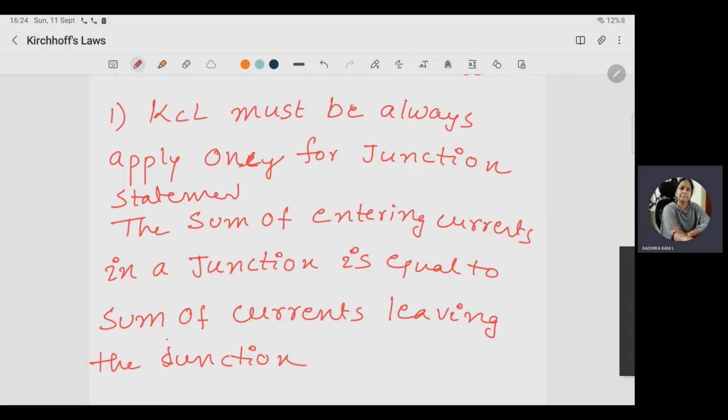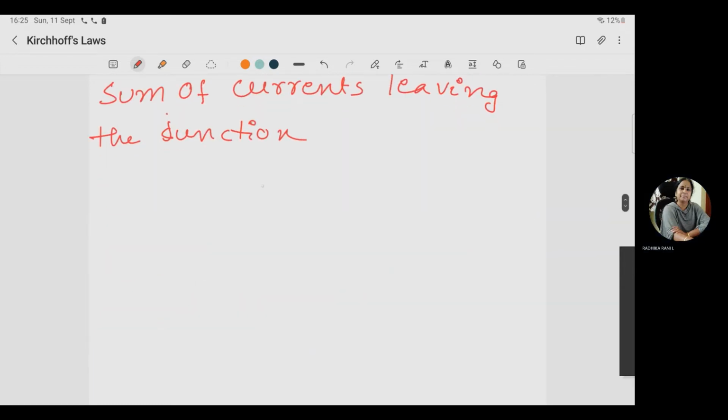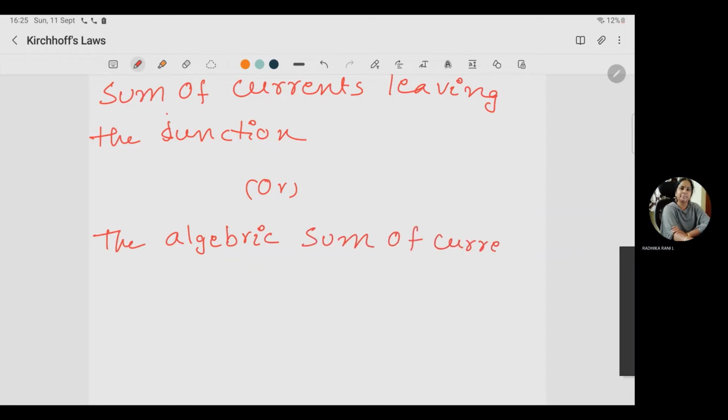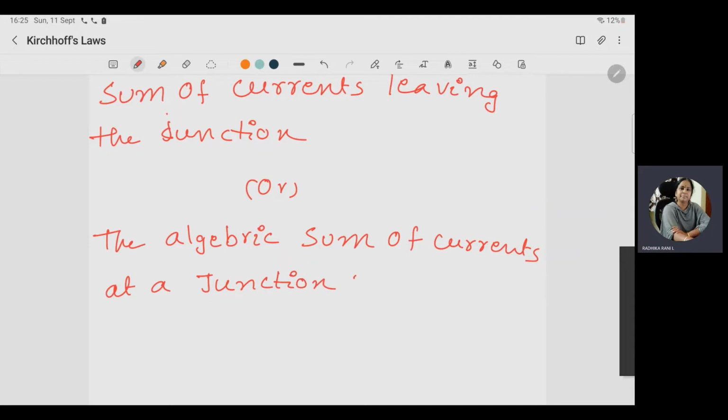KCL statement: the sum of currents entering the junction is equal to the sum of currents leaving the junction, or the algebraic sum of currents at a junction is equal to 0.